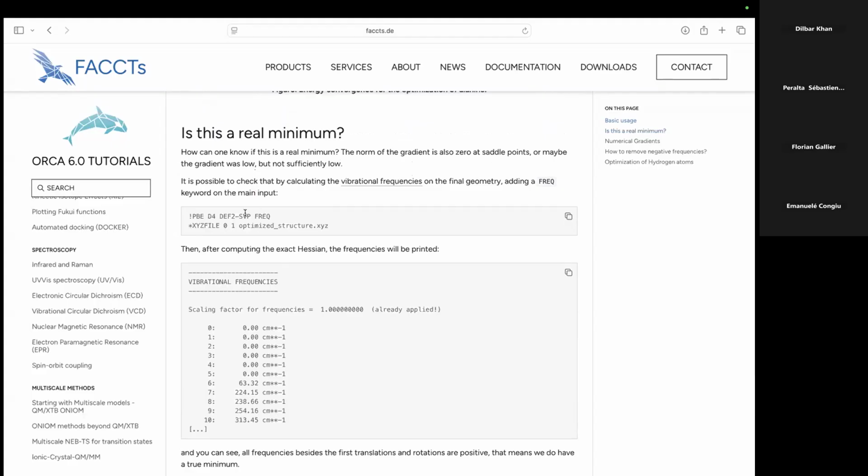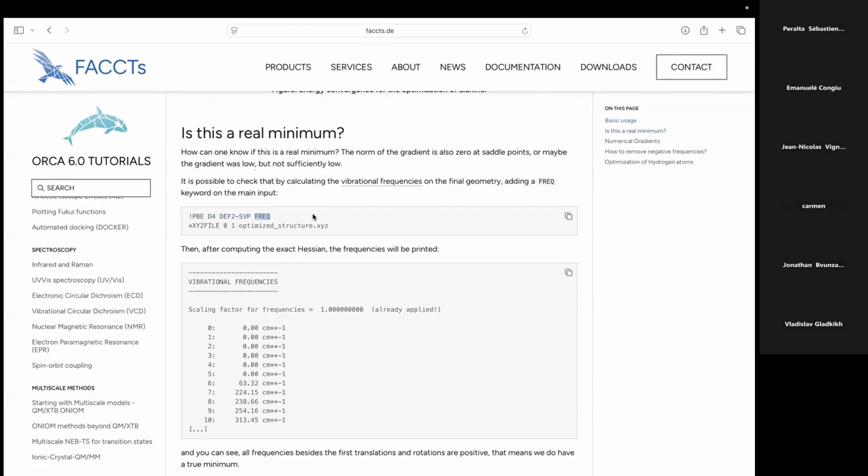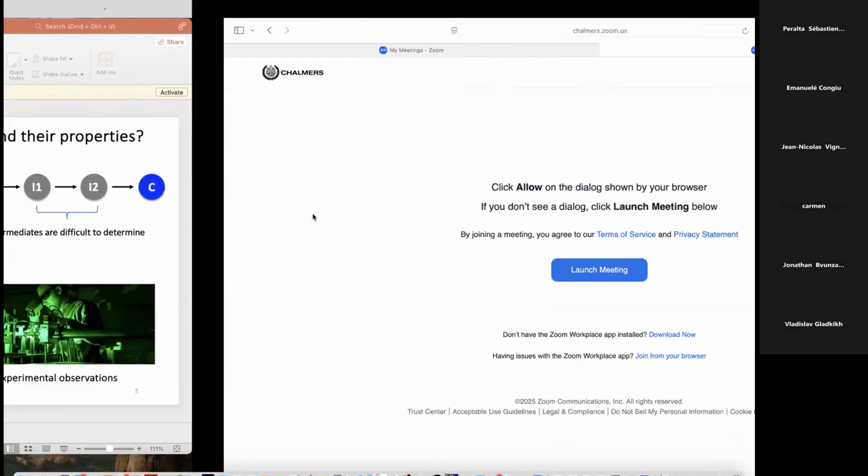So the input file is here. We have the same computational method, and now we run frequency. We can do it very easily.